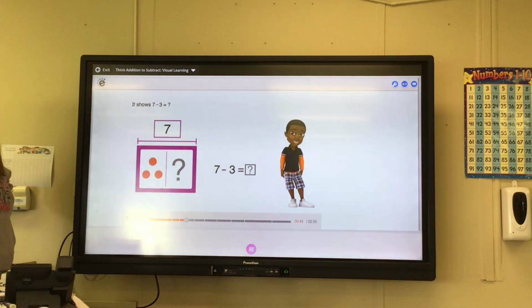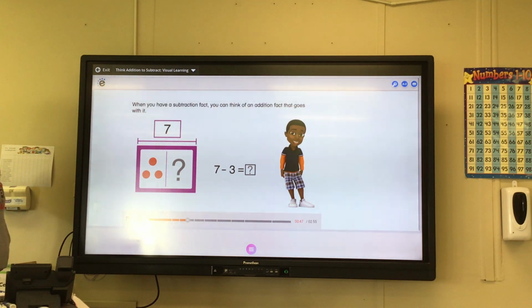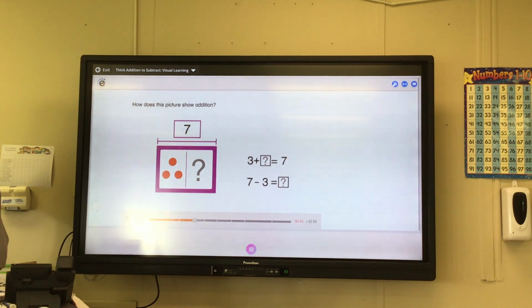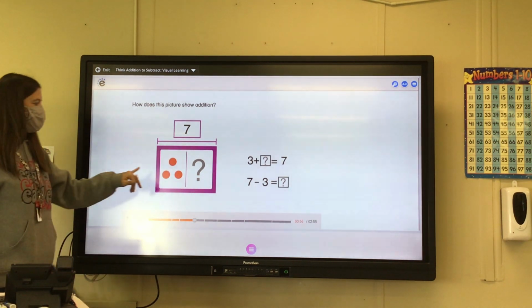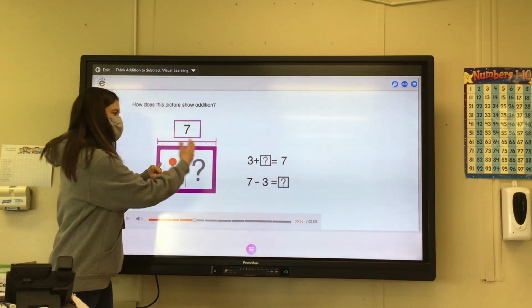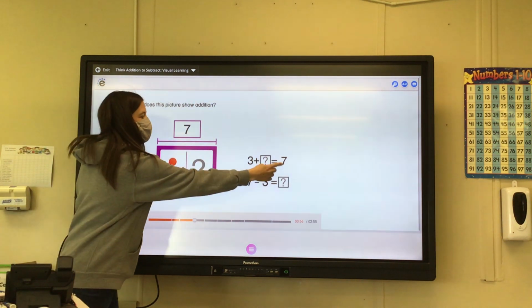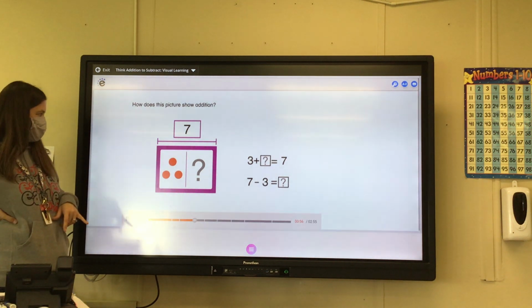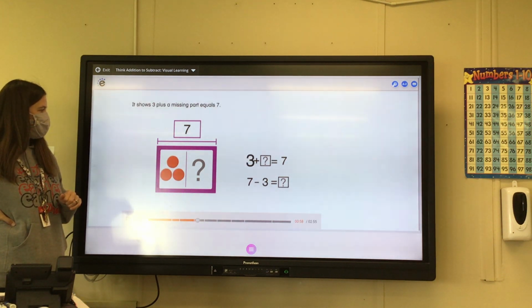When you have a subtraction fact, you can think of an addition fact that goes with it. How does this picture show addition? Look here, the one part plus the other part equals the whole, right? So it shows addition that way. It shows 3 plus a missing part equals 7.